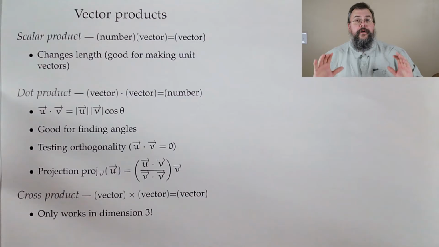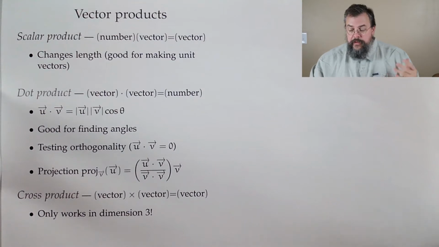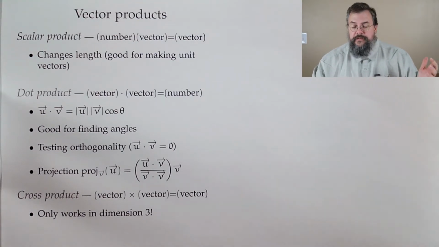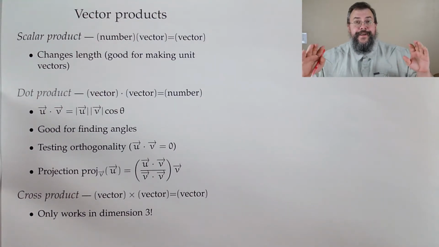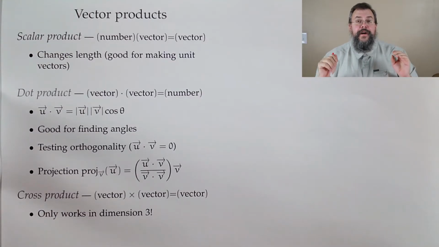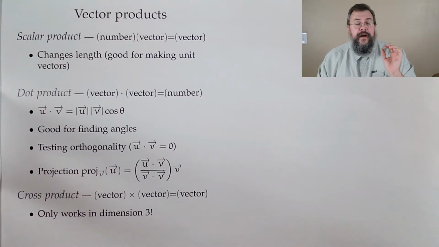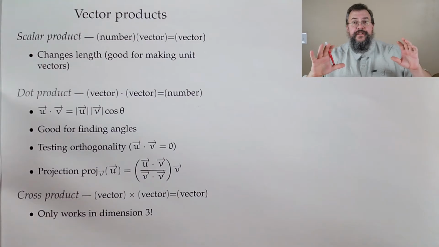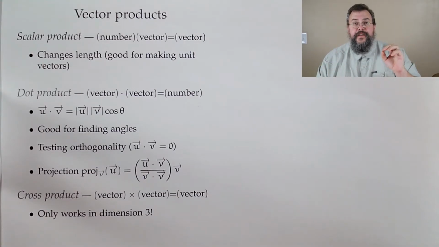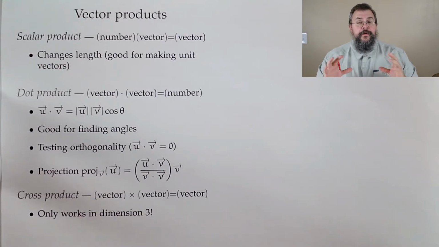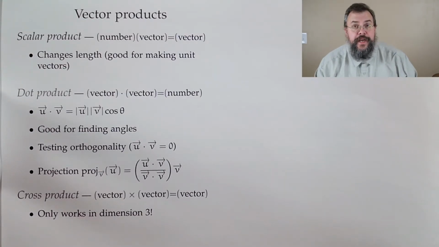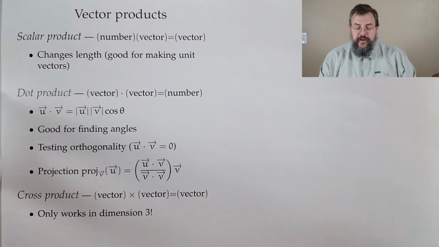Now, before we begin, we need to be really clear that there are a lot of limitations that come with the cross product. First off, it's going to be very strange, and if you don't believe me yet, keep watching. But there's something else. The dot product works in any dimension. The cross product works in dimension 3. Now you might say, ooh, what's special about dimension 3? And I'm going to tell you the great secret right now.